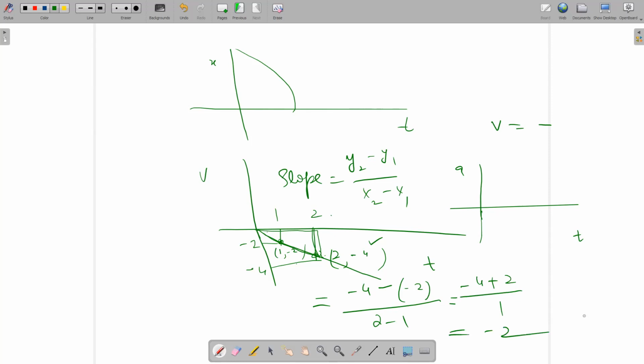So it means the slope is negative. So the AT graph will be where? On the negative side. Okay, clear? Understood. Doctor, yes. Then acceleration is not increasing.